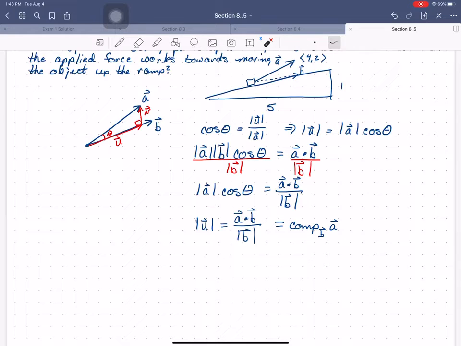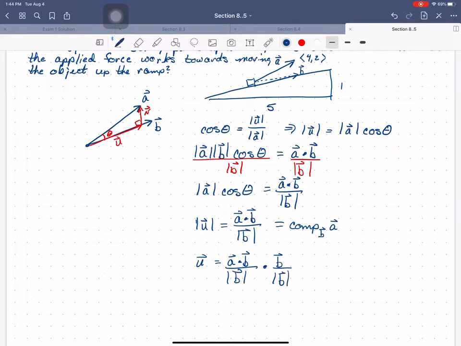Now, how do I actually write this in vector form? Well, if I wanted to write this projection in vector form, it's the magnitude multiplied by a scaled version of b. So we would multiply this by the unit vector version of b.